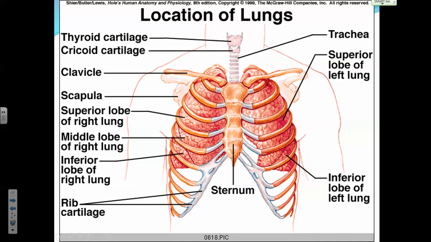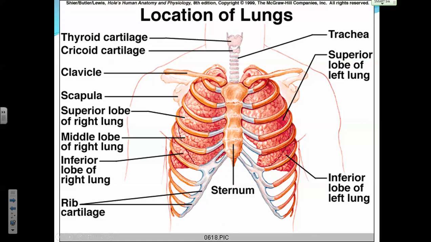If a person has an injury to the lung, like if someone's in a car wreck and they break a rib and the rib punctures the lung, that's called a pneumothorax. And what's happening is that air, because the lung tissue has been damaged, escapes from the alveoli into that space, the fluid-filled space between the visceral and parietal membranes, and it causes too much air pressure outside the lung and it collapses.